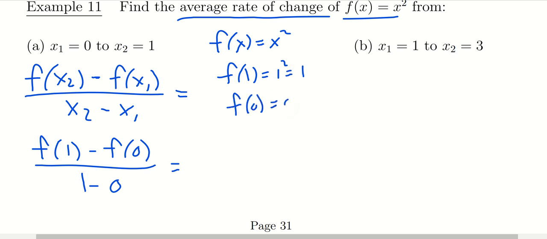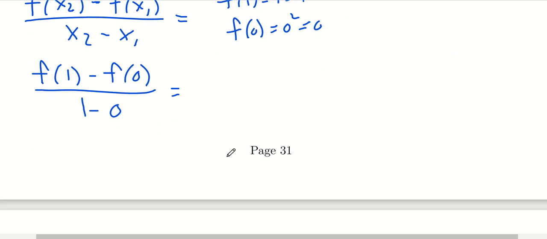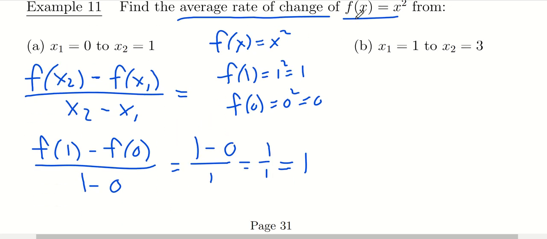And if we plug 0 into the function, we just so happen to get out 0. So this is going to be 1 minus 0 over 1 minus 0, which is 1 over 1, which is 1. So the average rate of change of the function f of x equals x squared from 0 to 1 would have an average change of 1.